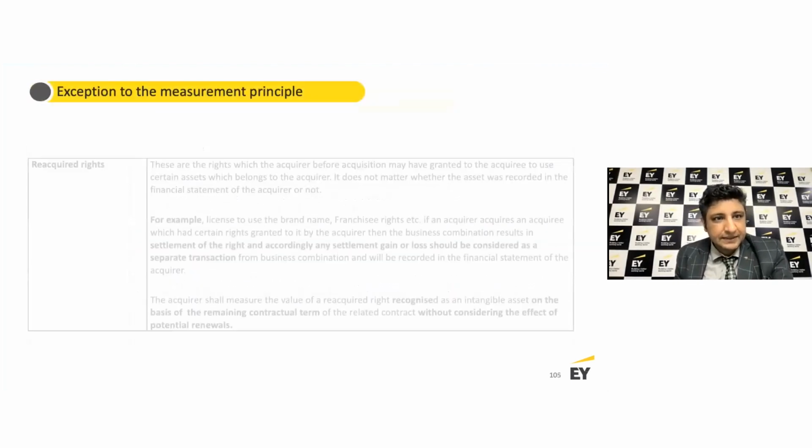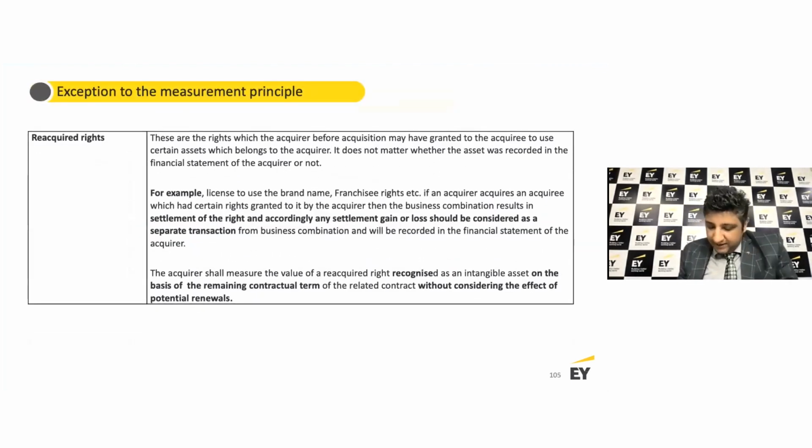On the reacquired rights, basically what you need to understand is that these rights need to be recognized as an intangible asset on the basis of the remaining contractual term. That's the consideration that you need to bring in.